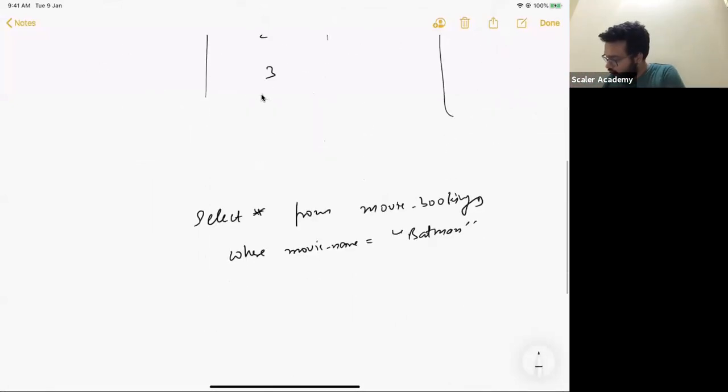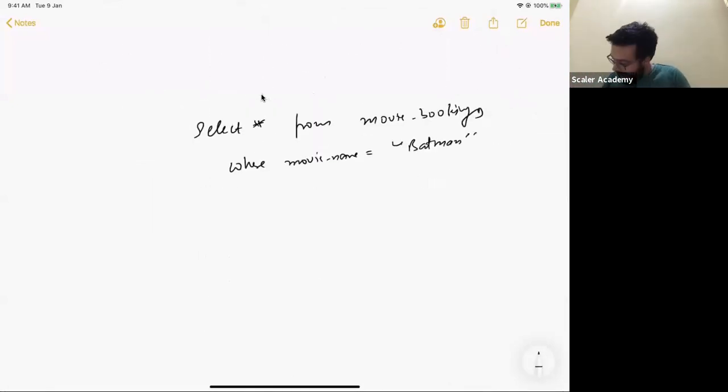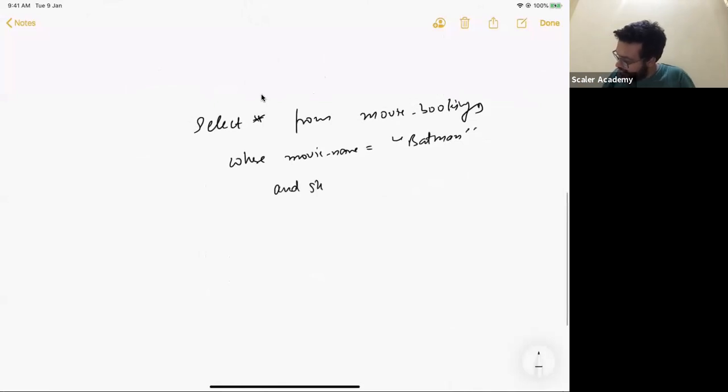Cool. Now, where movie name is Batman, and let's say the show ID that you're looking for is 1, and the seat number that this particular guy is trying to book is also 1. So he's trying to book a seat for show ID 1 and seat number 1 for the movie Batman. Now, how would you go about it?